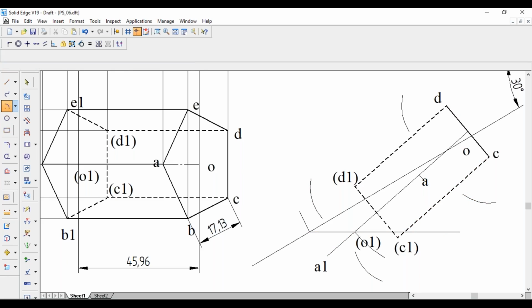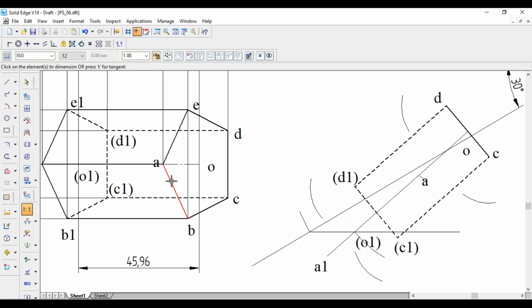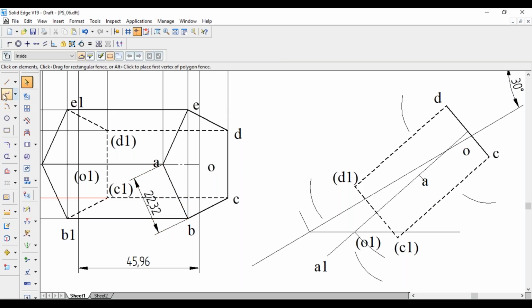Afterwards, the lengths AB, AE, A1B1 and A1E1 are all the same, equal to 22.32 mm. So with A1 as center, 22.32 mm as radius, draw an arc. Once again with A1 as center, 22.32 mm as radius, draw an arc on the opposite side.